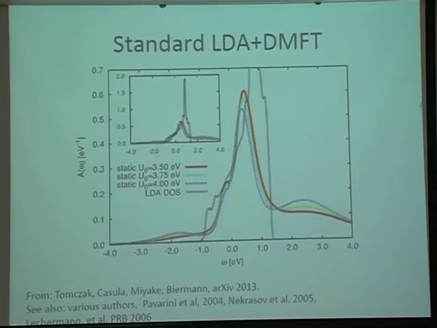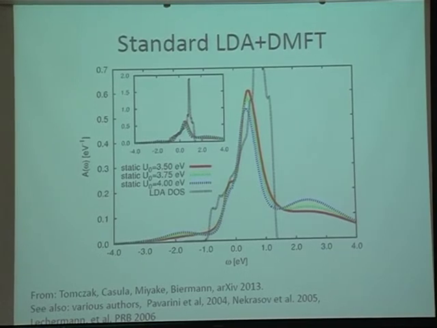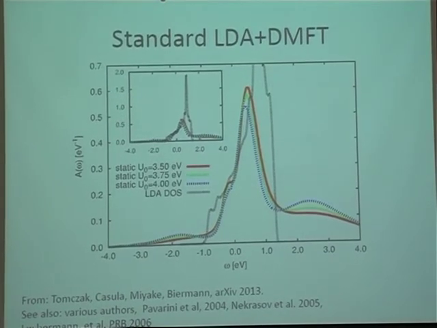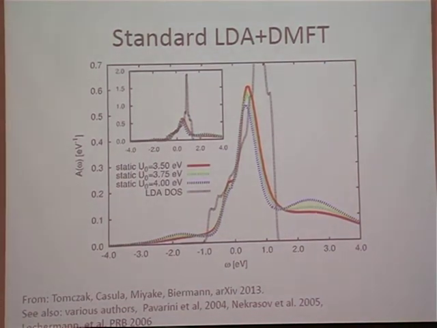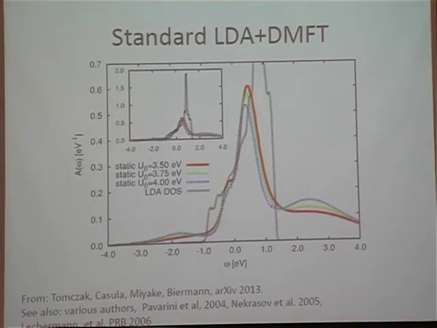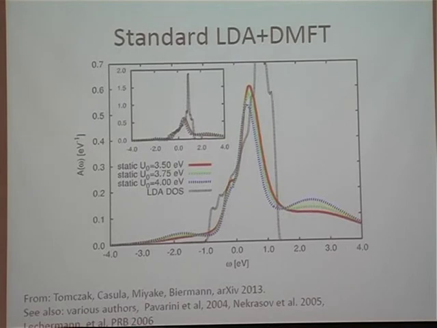Namely, the standard LDA plus DMFT calculation with some static U, which gives you the Hubbard band here, the quasi-particle peak, and then this thing which had been interpreted as Hubbard band, but where I said we take issue now. But let's not focus on this now. This is at energies which are 1.8, nearly 2. And that has always been a problem, because experimentally this is more at 1.5.